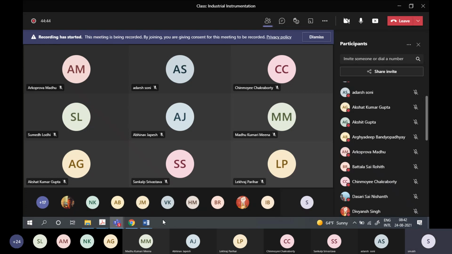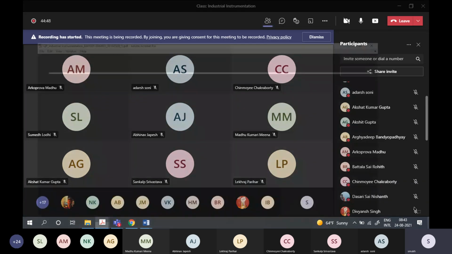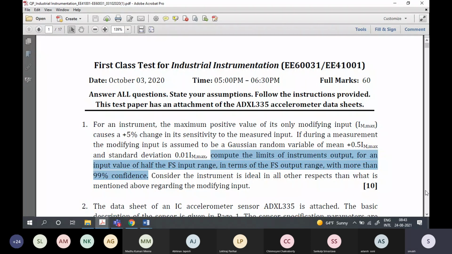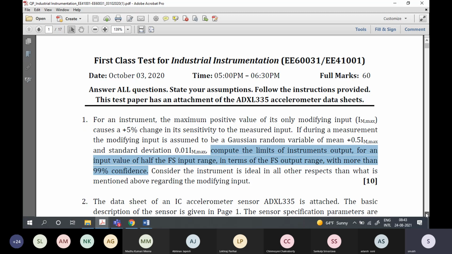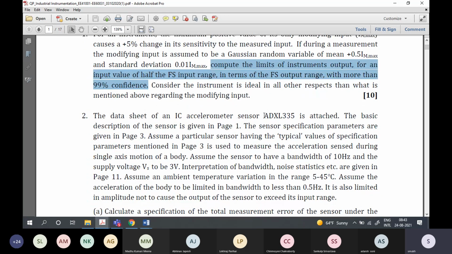All right, let's move on. Let's see what the next problem has. We'll not go to the next problem because it is much more elaborate. Probably we'll put it in the assignment. It talks about the ADXL335, a commercial acceleration sensor manufactured by Analog Devices.